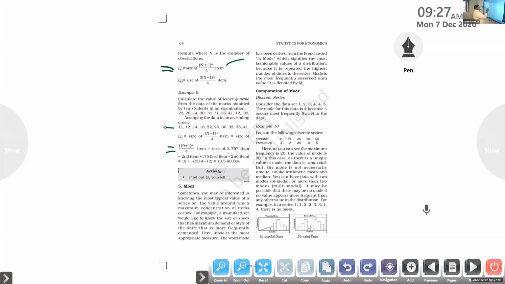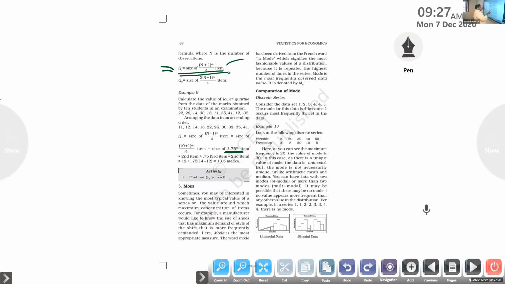That is the number n, the total number of items. 10 plus 1 divided by 4, that means 11 divided by 4, is equal to 2.75. So the 2.75th item is the answer we got after applying the numbers in this equation.